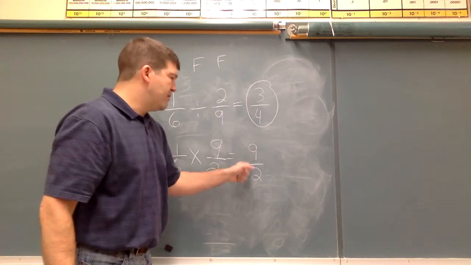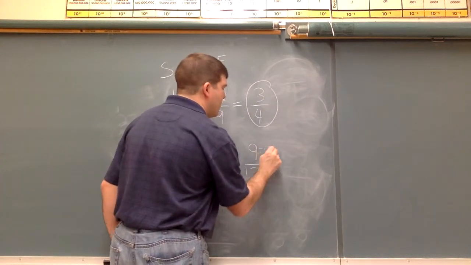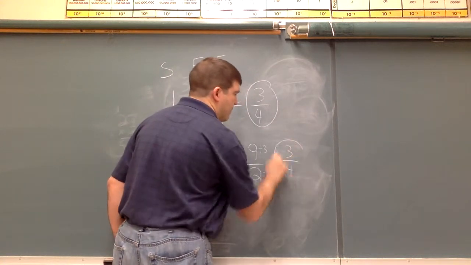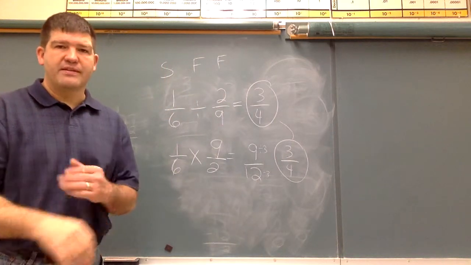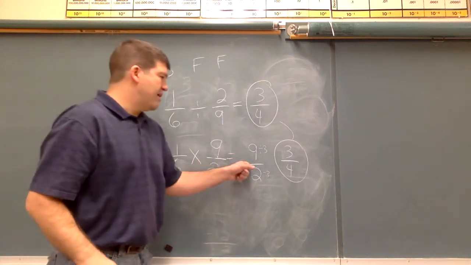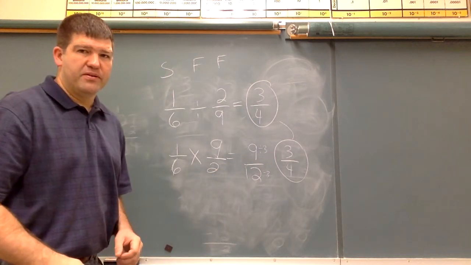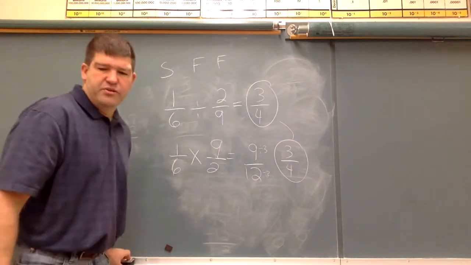So does 3 go into both of these? Let's try. 9 divided by 3 equals 3. 12 divided by 3 equals 4. Same as what I got before with the cross canceling. But this time I had to reduce and simplify after I did the multiplication. Don't forget, simplify, simplify, simplify, and show your work.